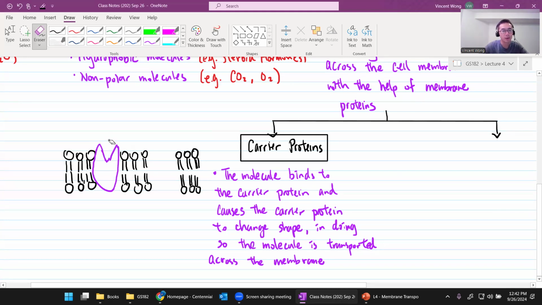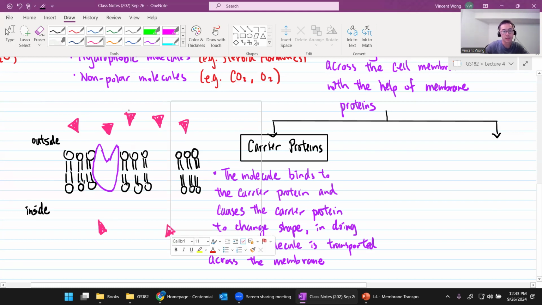So it opens up on one side, and let's say I have a molecule here. Okay, so remember, it's still going from high concentration to low concentration, all right? So let's say you have a lot of these guys outside. Okay, this is outside of the cell, and this is inside. And you know, we have some inside, just not a lot. Right, so high concentration for the triangle stuff on the outside and low concentration on the inside.